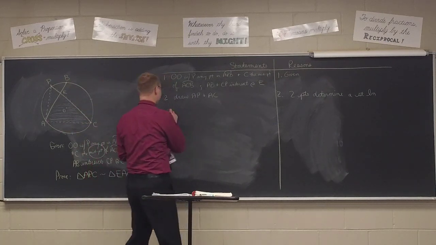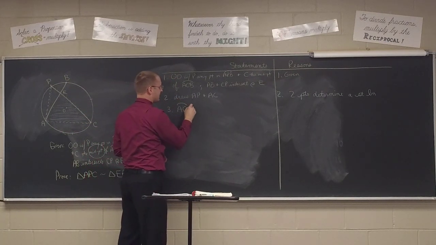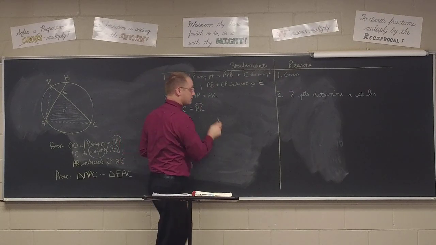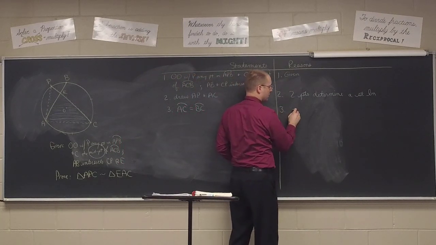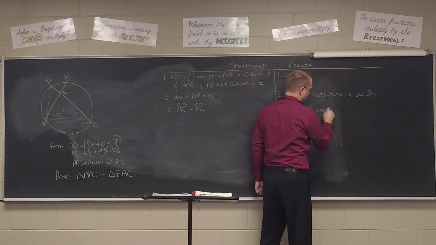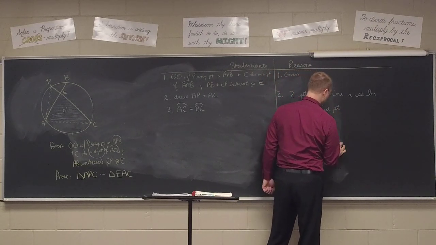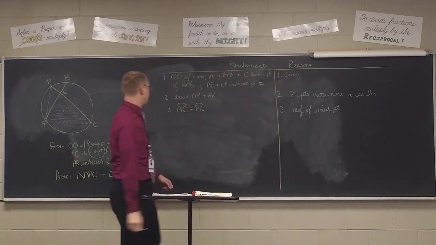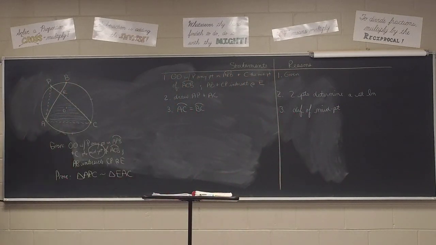There we go, the arcs AC and BC are equal, good. Arc AC equals arc BC, reason?